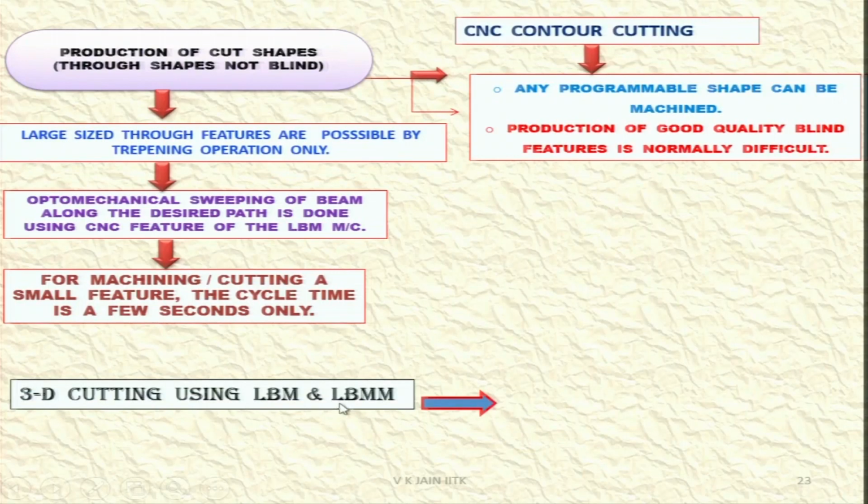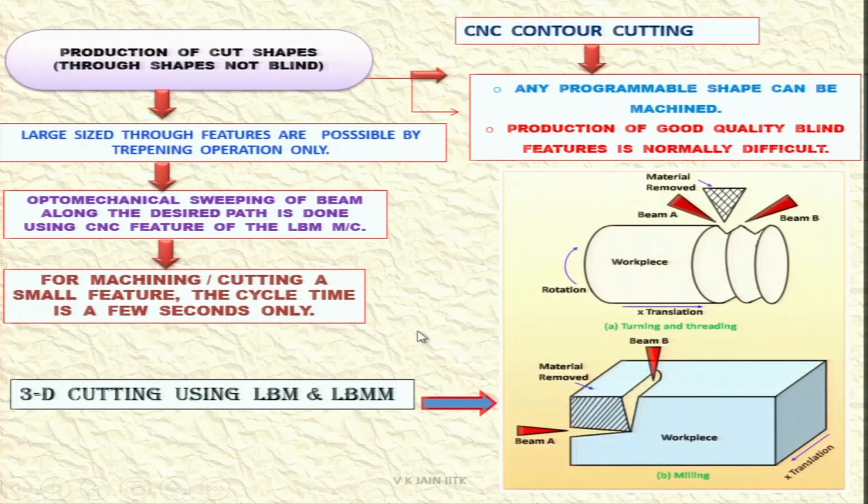3D cutting using laser beam machining and laser beam micromachining is possible, and you can see here the turning and threading using two laser beams A and B, and here is the material removed from this part. This is the thread being produced. Here you can have a milling operation with two lasers A and B, and this is the material that is being removed.